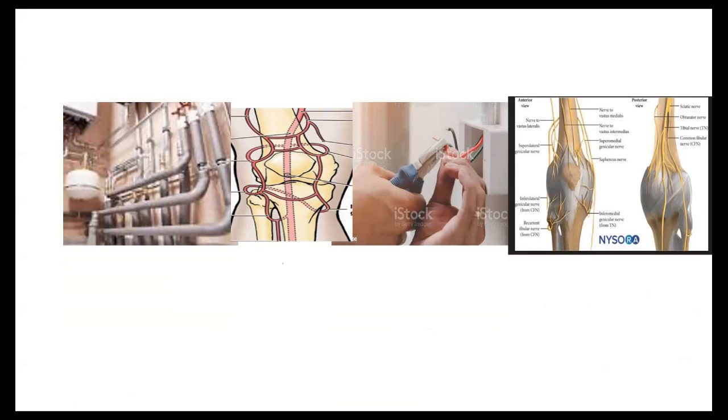Moving on to the inferolateral compartment, it is supplied by 2 nerves: the recurrent fibular nerve and the inferolateral genicular nerve. Inferomedially, it is supplied by the inferomedial genicular nerve, a branch of the tibial nerve, and the infrapatellar branch of the saphenous nerve.